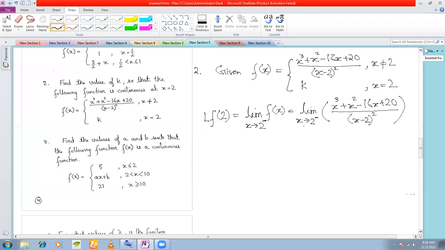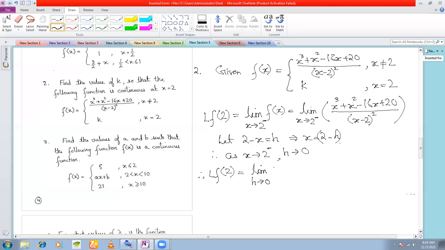Now how to evaluate this limit? We say let 2 minus x be equal to h. That means the value of x here is 2 minus h. Therefore, as x tends to 2 minus, we have h tends to 0. So the left hand limit LF(2) is equal to the limit h tends to 0.